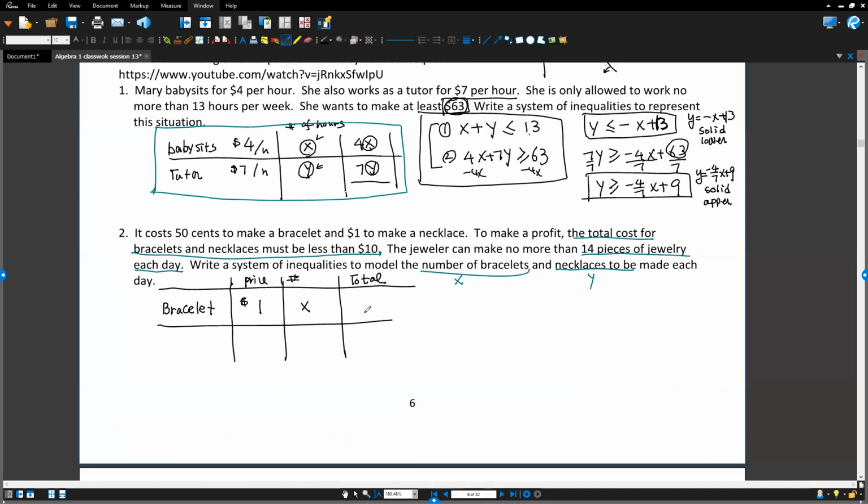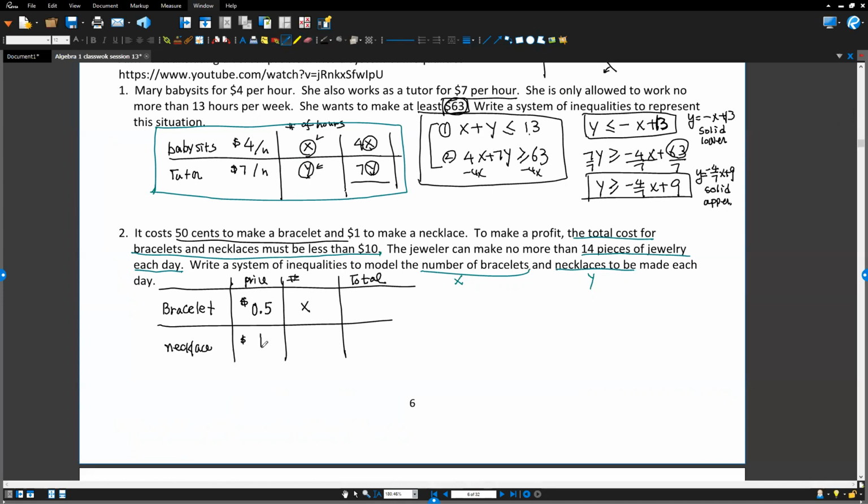The next one is necklace. Bracelet is $1, I'm sorry, bracelet is 50 cents. Okay, I did it wrong. $0.5.